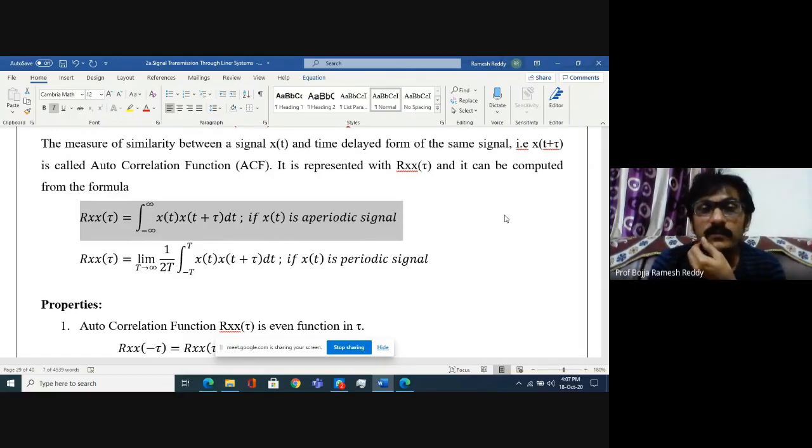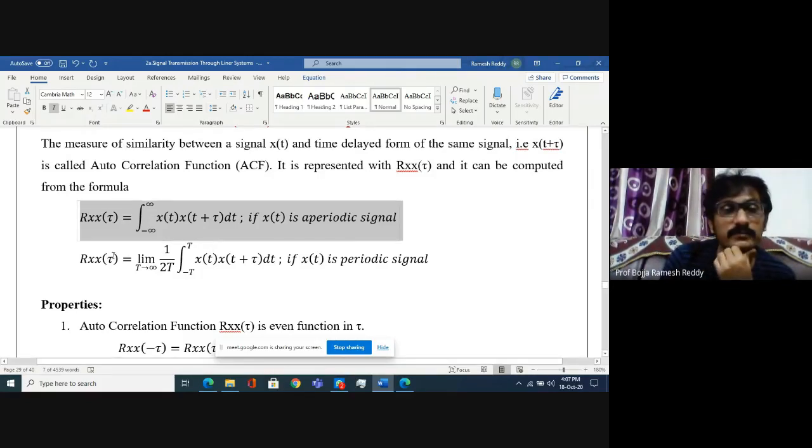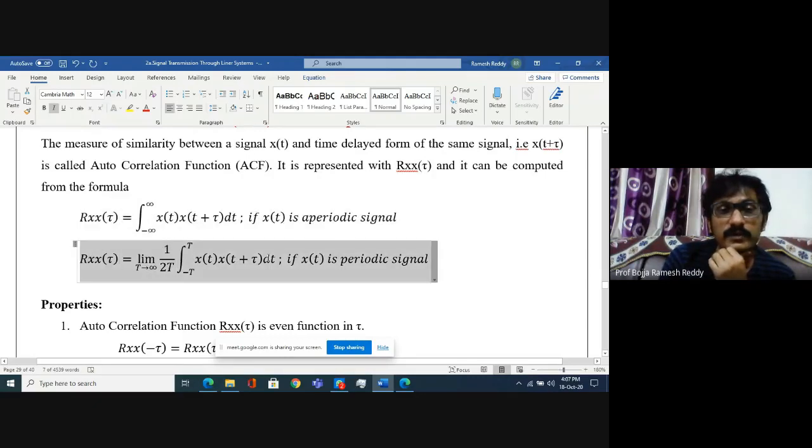This is if x of t is a non-periodic signal. If it is a periodic signal, then take this formula: limit T tends to infinity, 1 by 2T, integral from minus T to plus T, x of t x of t plus tau dt. Both are similar, but for periodic signals we take the periodic extension and apply the limit T tends to infinity, because every periodic signal must repeat itself at regular intervals over a period.